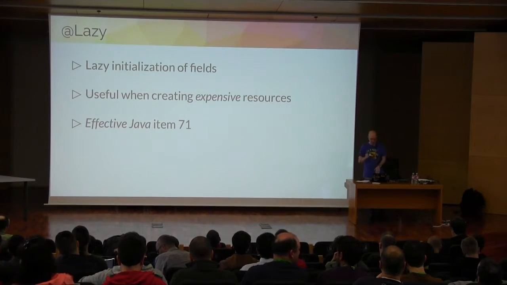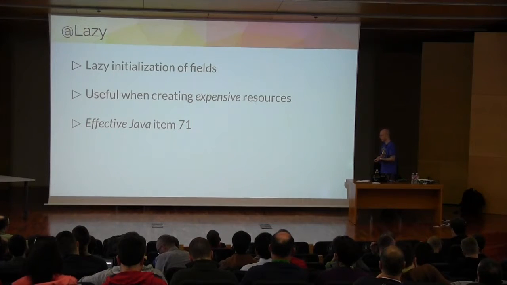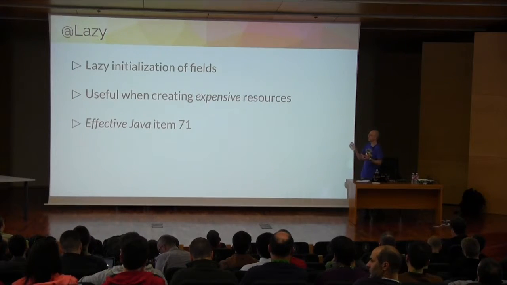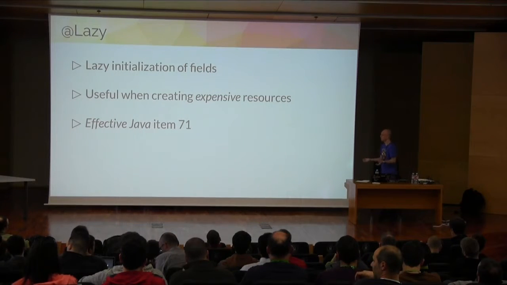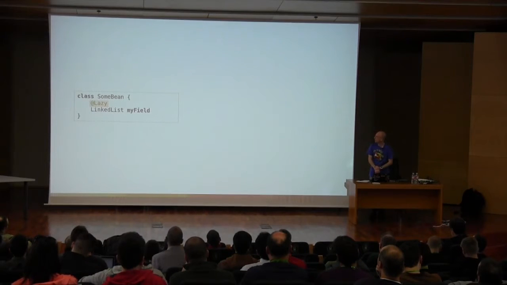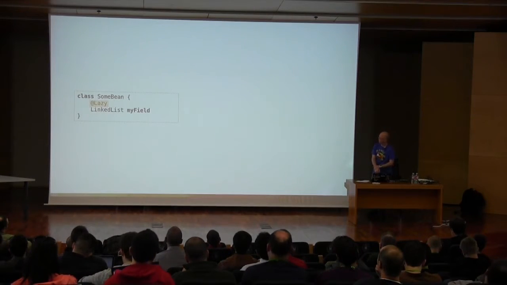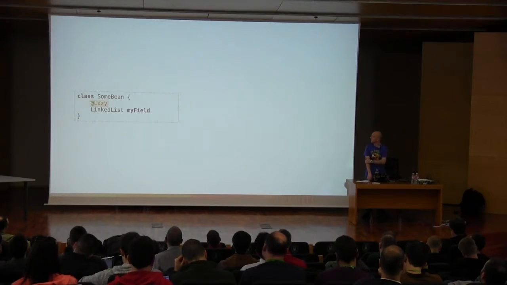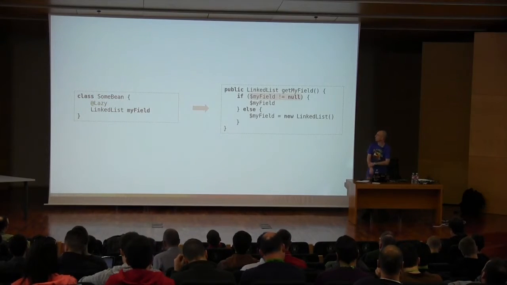And Effective Java talks about this in Item 71, and you can check what the useful cases for this annotation are, because you shouldn't put @Lazy on all of your fields. And if we have this class and we annotate this field with @Lazy, the Groovy compiler, with the annotation, will do something like this.